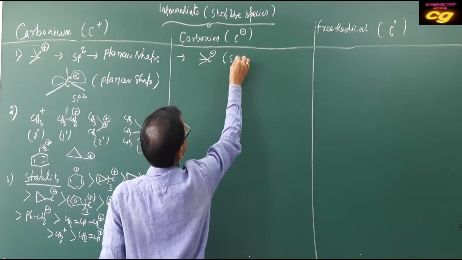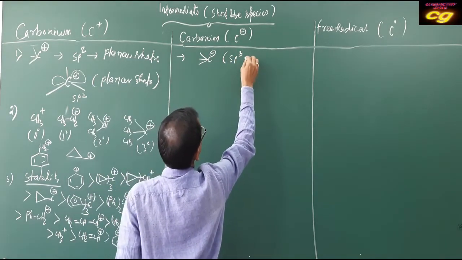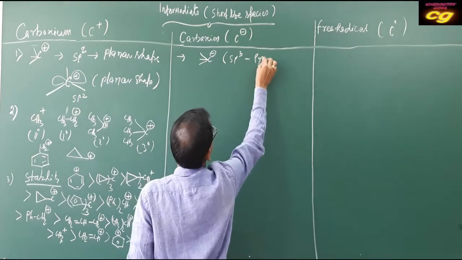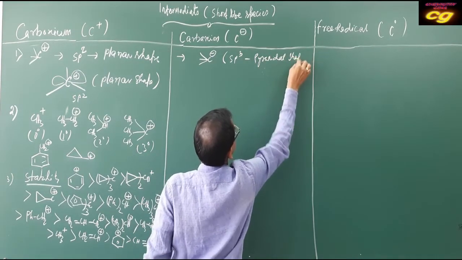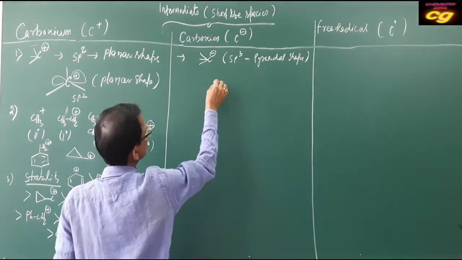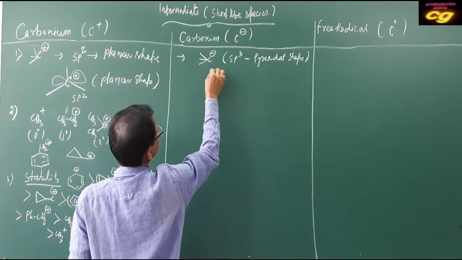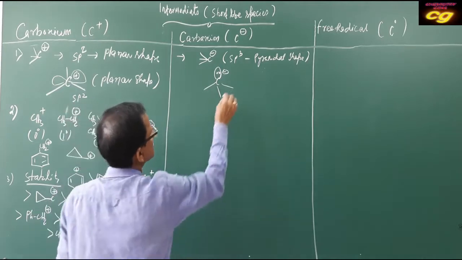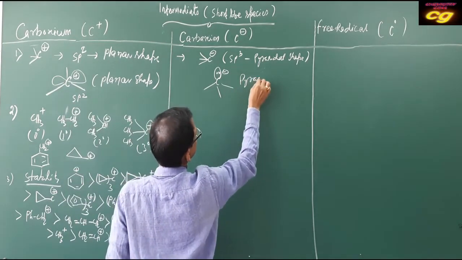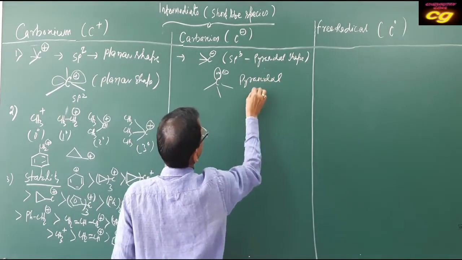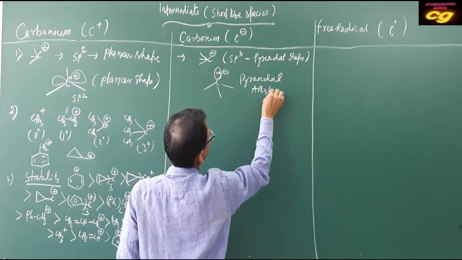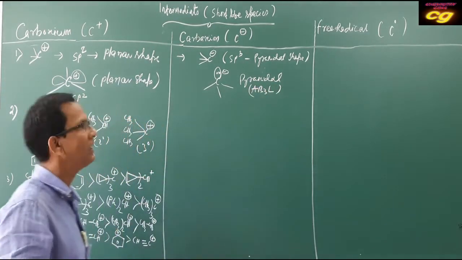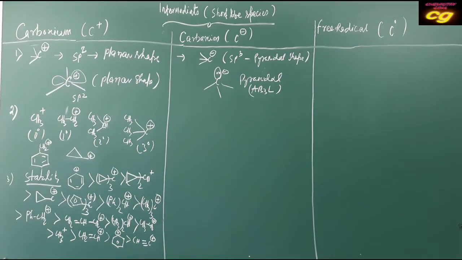That's why it is generally sp3 hybridized and the shape is pyramidal. So it is like this, with a minus sign. This is the shape, that is pyramidal shape, an AB3L system.